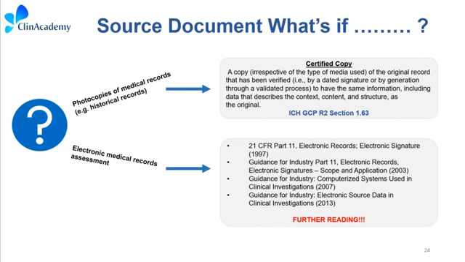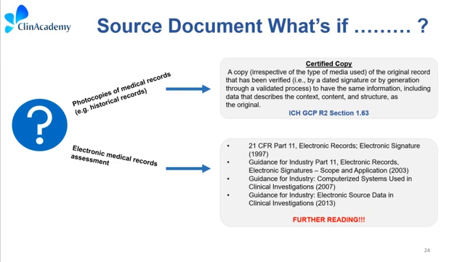The other aspect is the electronic medical records assessment that some CRAs or investigators may feel or experience as a challenge. Where can you find information related to electronic medical records requirements?